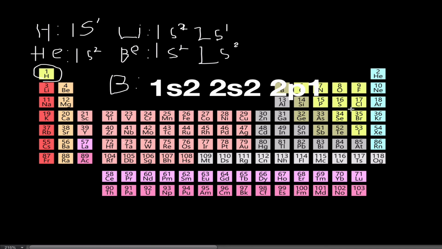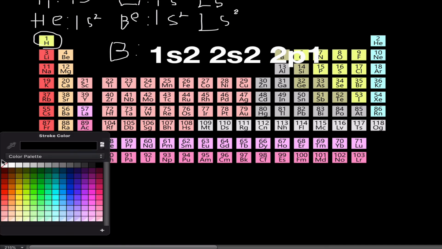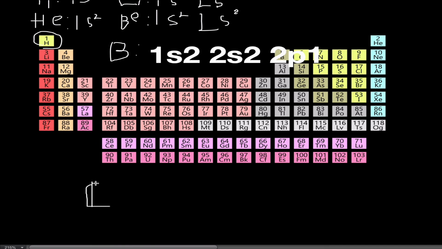Actually, let's just do chlorine, because rubidium is too big. Cl is equal to, and instead of writing the whole electron configuration, we're going to find a new way to do this, because this is going to take a long time.